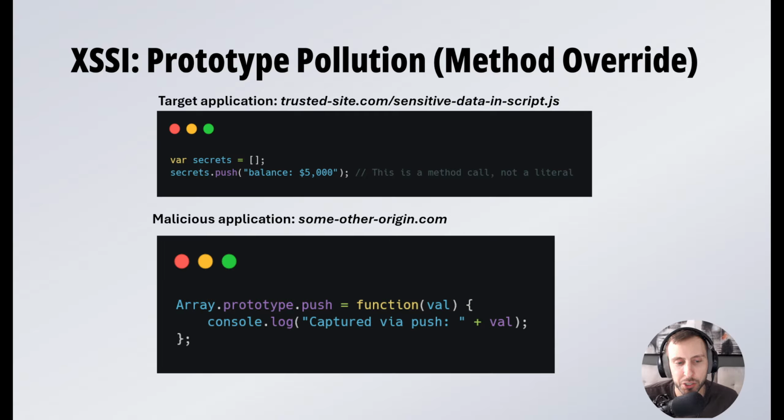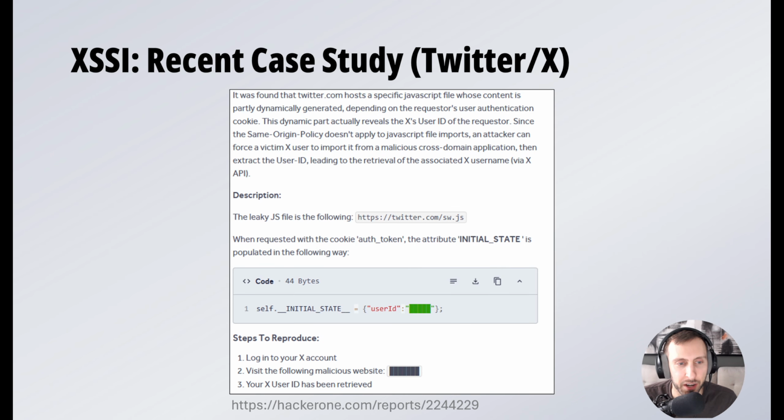And so the malicious application now, in this case, redefines that method. And just as before, it just adds console.log to log that data. Of course, you could do anything else with it with an actual attack. Again, I think this might work in modern browsers. It might be restricted, but the vastness and complexity of JavaScript is such that there's often a clever way to extract data in these kinds of situations.